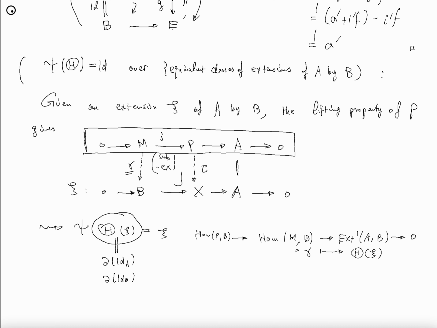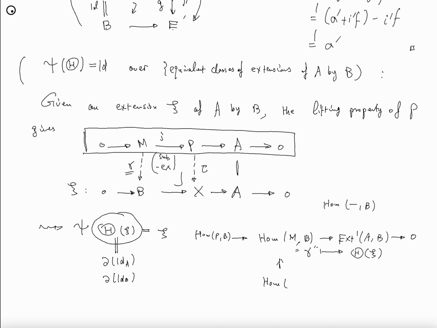Actually, in our case, this gamma should be mapped to this. Why should this gamma be mapped to this? This is because of exactly what we have proved at the beginning. You apply the delta functor to those. So what we got is here. Let me think. We're applying this Hom(-,B).